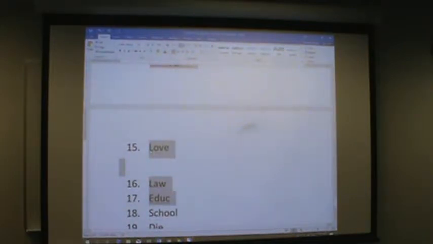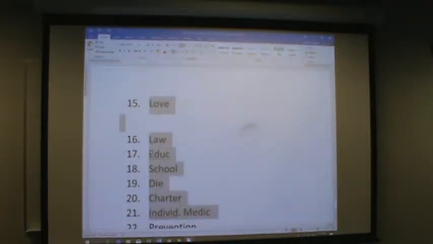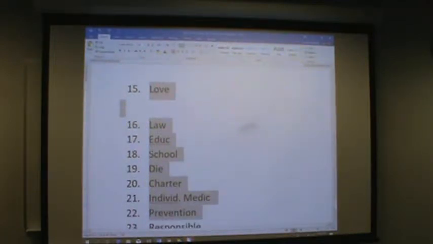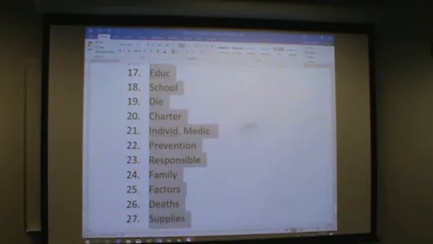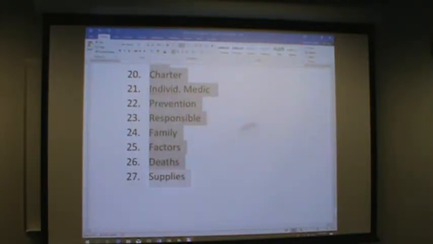Education. Don't write all the words. As long as you can remember, 2 minutes later, continue to the following idea. Save time. School, die, children, individual, medical, prevention, responsible, family, factors, death, supplies, that's it.